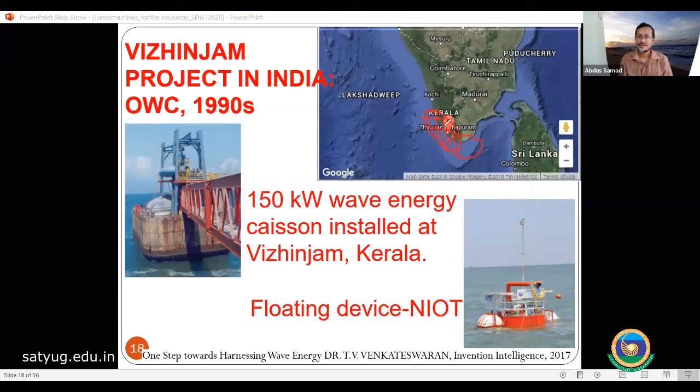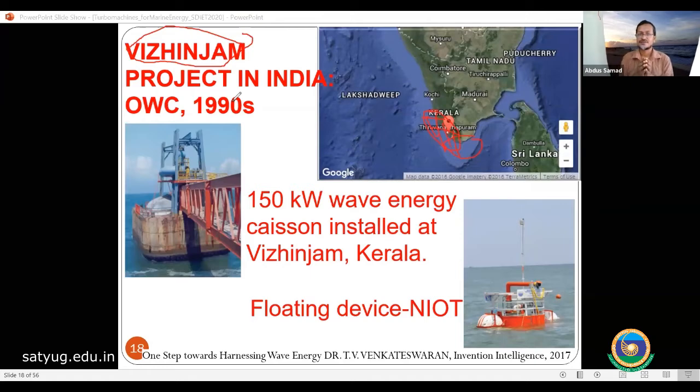Okay. So in India, one area called Vizhinjam, this is a Malayalam name, they installed a system called an oscillating water column in the 1990s. The story of this wave energy plant actually started from our department. Our senior professor, Professor Ravinder, and many other senior professors thought there is lots of wave energy potential all around the Indian coast, so can you install something?